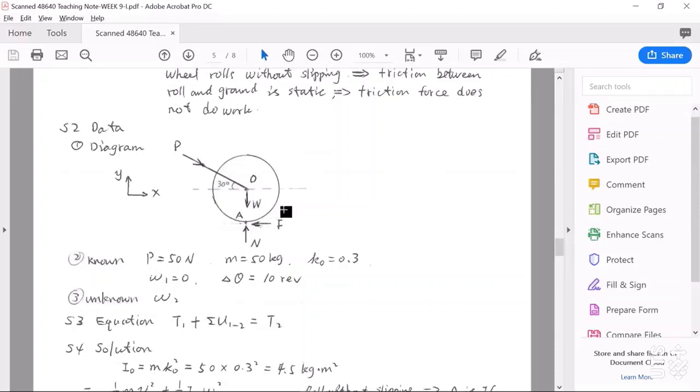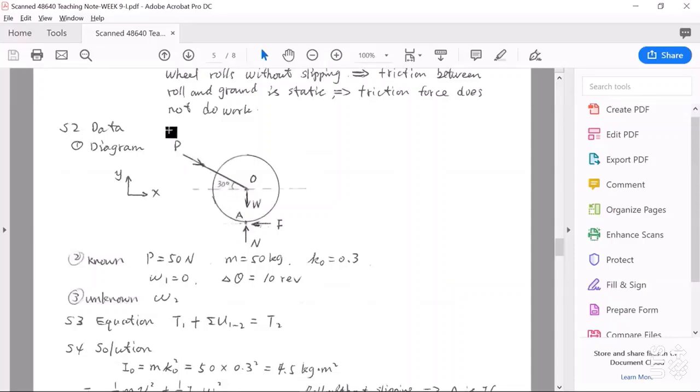Using the method we introduced before, we can get the direction of this friction force. Step 1. We assume no friction at this contact point. If no friction, what will happen?